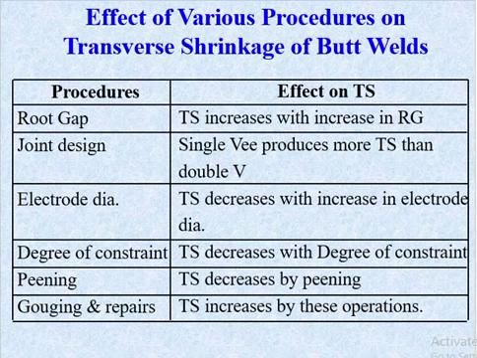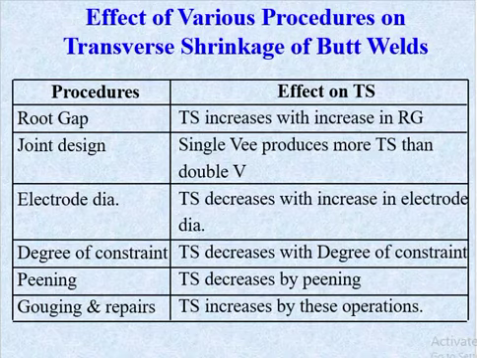Degree of constraint: transverse shrinkage decreases with the degree of constraint. Peening: transverse shrinkage decreases by peening. Gouging and repair: transverse shrinkage increases by these operations. So whatever the effect is for root gap, joint design, electrode diameter, degree of constraint, peening, gouging and repairs, it is explained here.